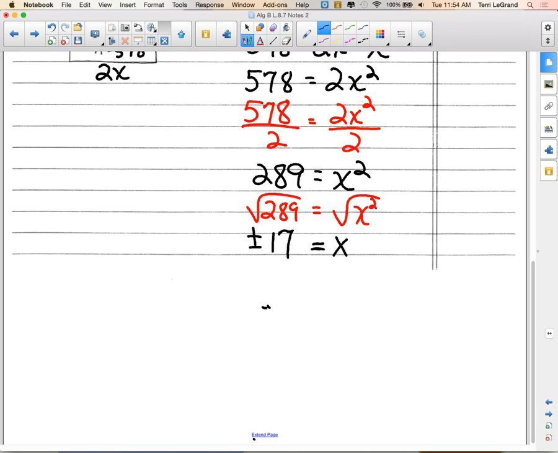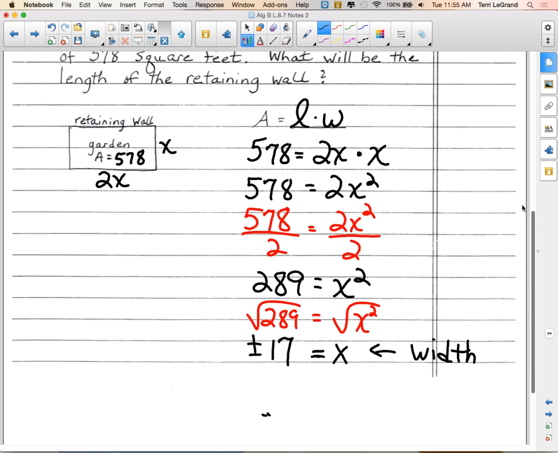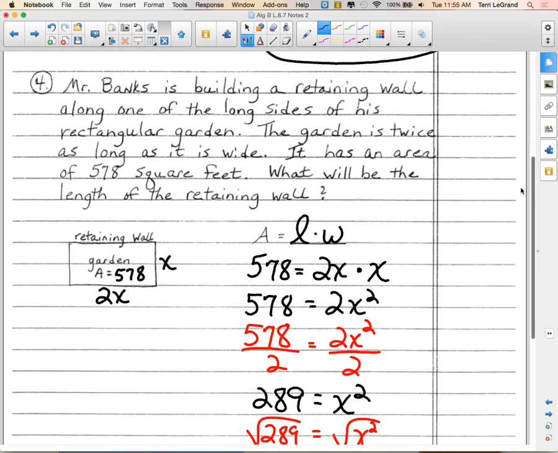x squared being equal to, no squiggly this time, because 289 is a perfect square, isn't it? So x is equal to a positive or a negative 17. Well, we just solved for the what? x, the width. So this tells us what the width is. Is that what the question was? What will the length be?